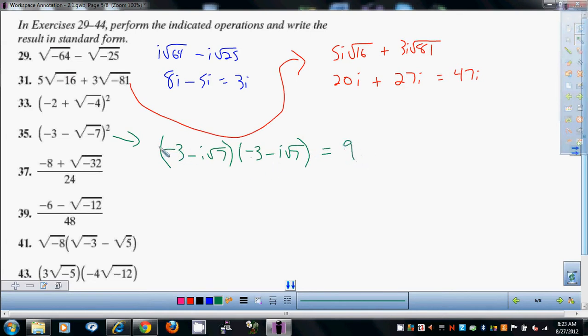FOIL: positive 9 plus 3i radical 7 plus 3i radical 7 again, and plus i squared times 7.